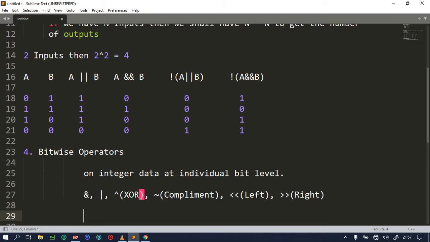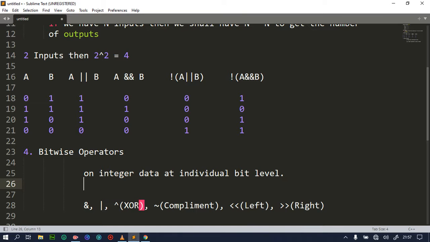Don't forget, we've said these perform operations on integer data at individual bit level. These operations include testing, setting, or shifting what we call octobits.